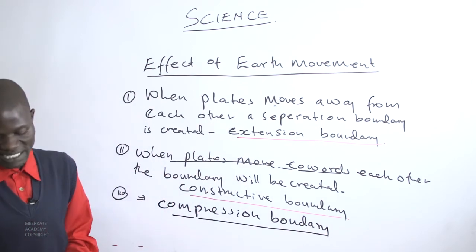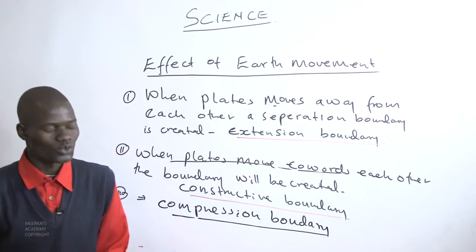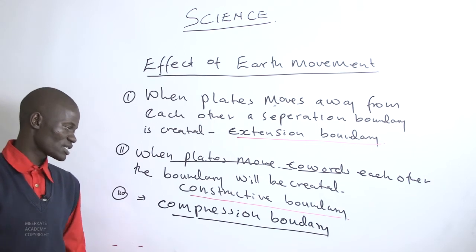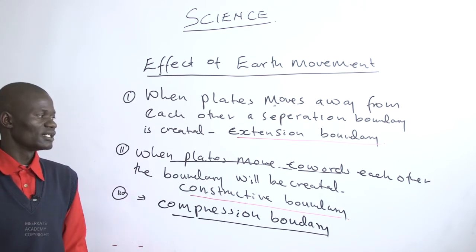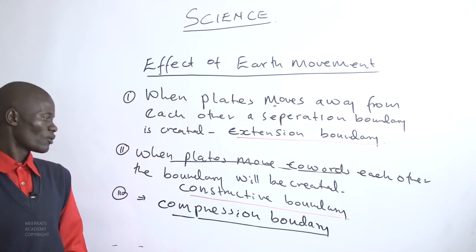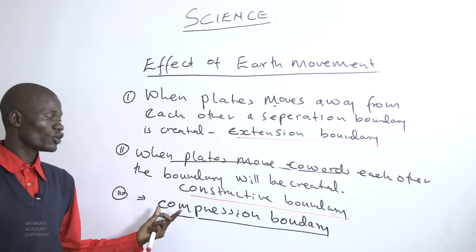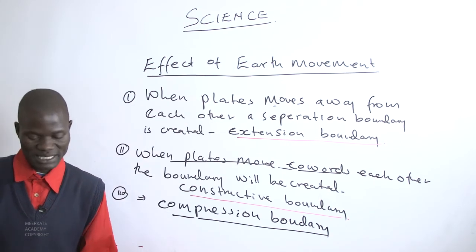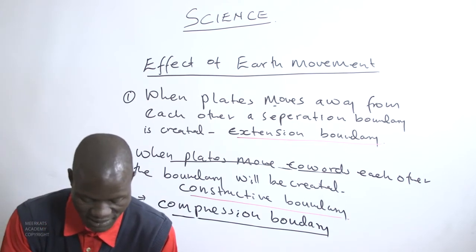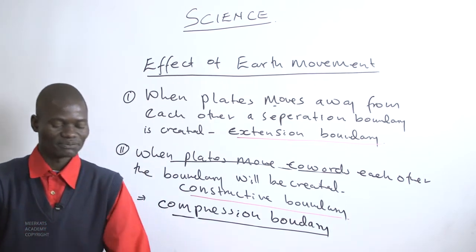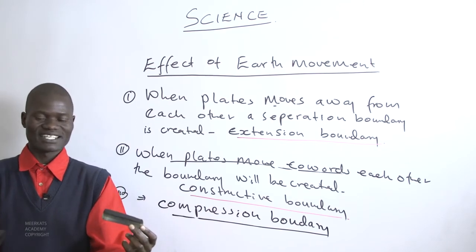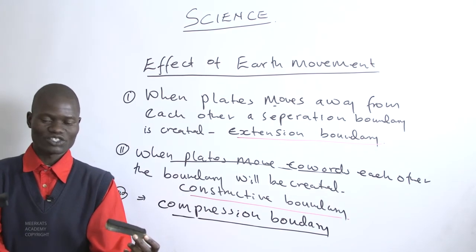When a subduction movement is created, we have been able to look at when the oceanic plates meet the continental plates. Suppose this is an oceanic plate and this is a continental plate.